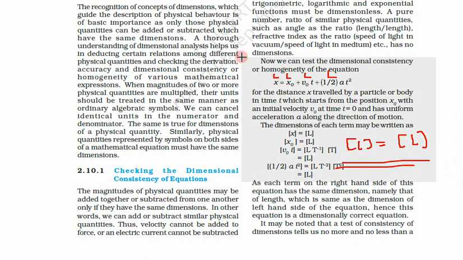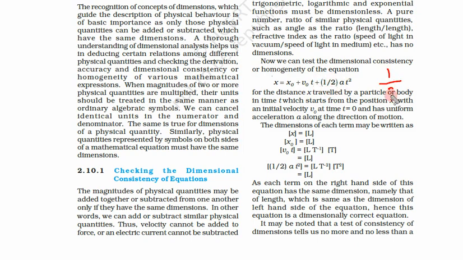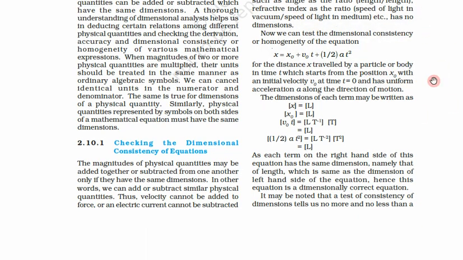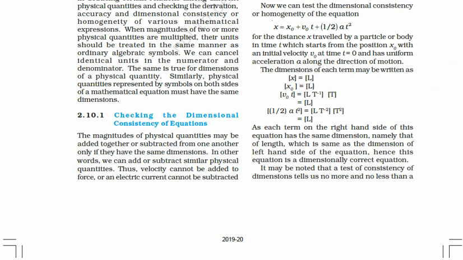There might be some other problem, like this factor may be wrong: 1 upon 2 pi could be written there, or instead of 1 by 2 it could be written 1 by 3. So you cannot fully tell that this is correct, but at least this equation is dimensionally correct. Dimensionally there is no problem.